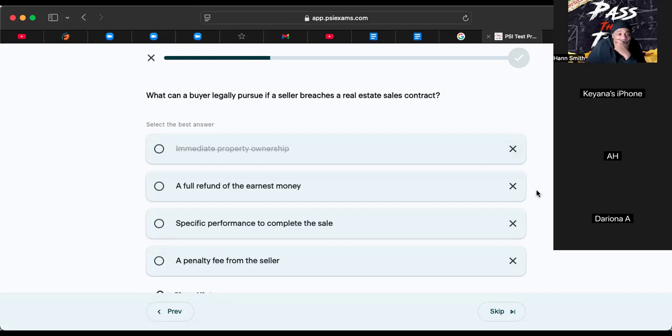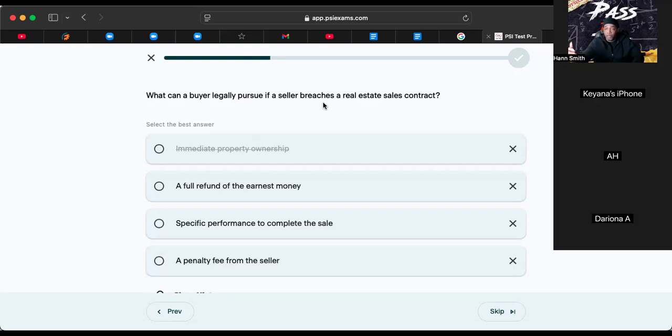Because it was a breach. What can a buyer legally pursue? Okay, what do you want to eliminate? Let's eliminate one more. Let's eliminate specific performance to complete the sale. No, that's the answer. When you hear legally pursue, you got to connect those two.